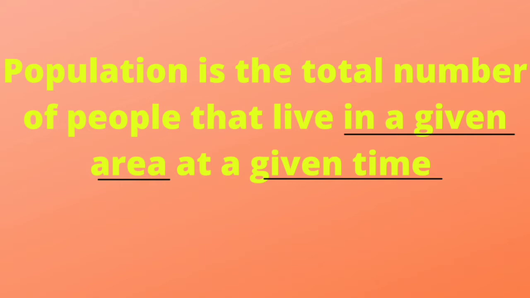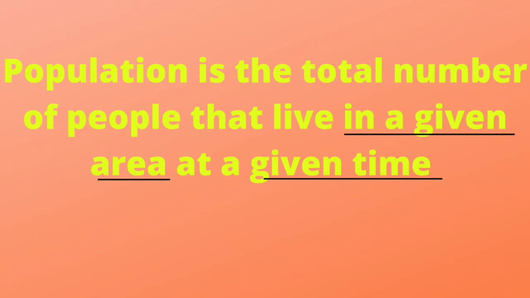Now, the two main components of this definition, the given area and the given time, are important and should not be left out. So for those persons who are doing a test, even if you want to rewrite the definition in your own words, you cannot leave out either of these two components, because population is specific to a country or place, and it is also specific to a year.